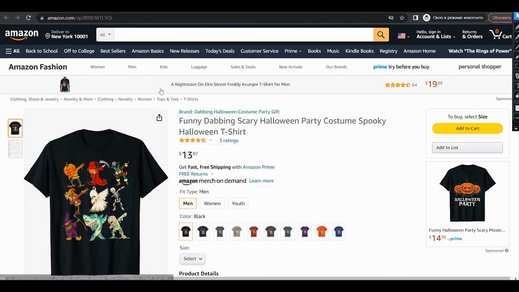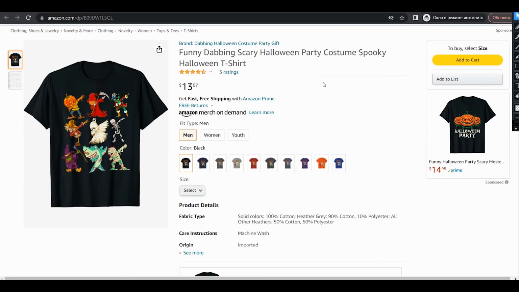Okay, let's go next to the last sub-niche idea for today, and it's about dabbing. You can make almost any scary character with dabbing stylization.